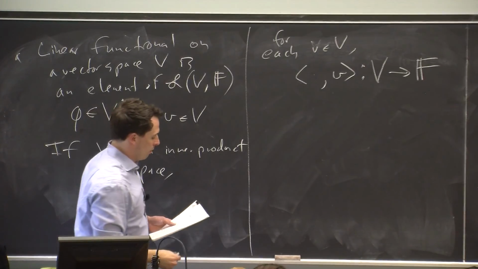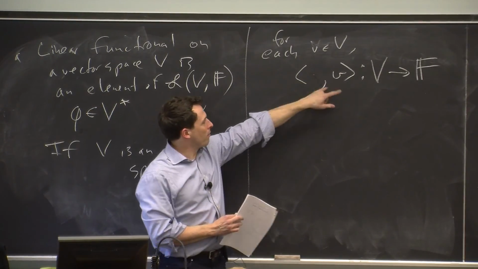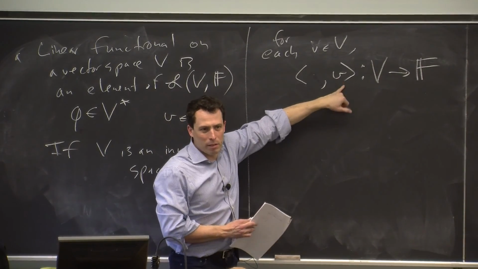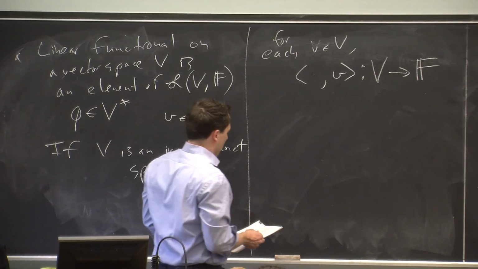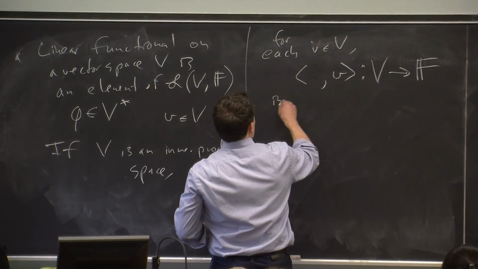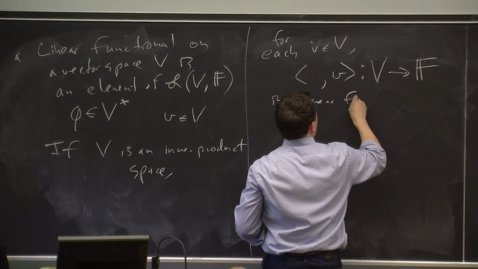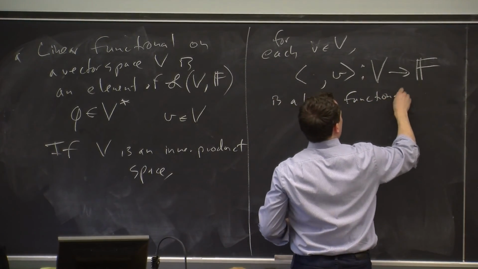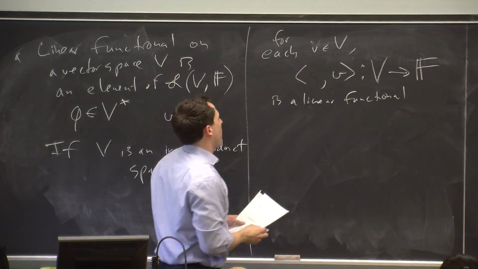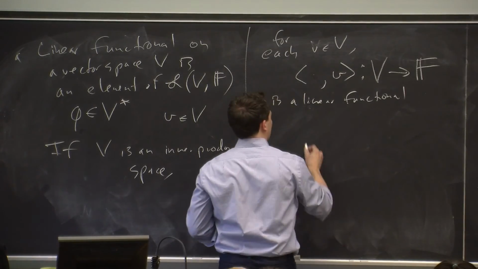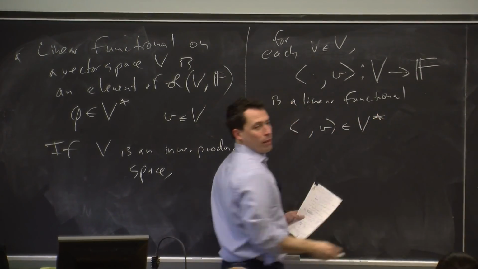That's a linear functional, because we know the inner product is linear in the first coordinate, right? If I left the second one blank, it would be conjugate linear, but almost linear. So it defines an element of V star. Inner product with v is in V star, another way of saying that.